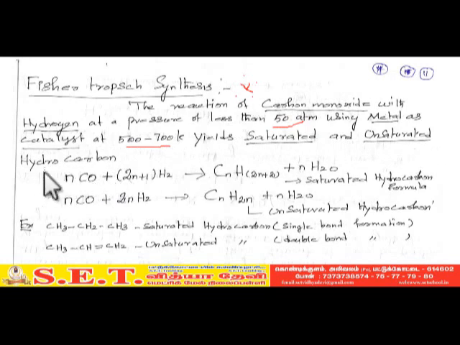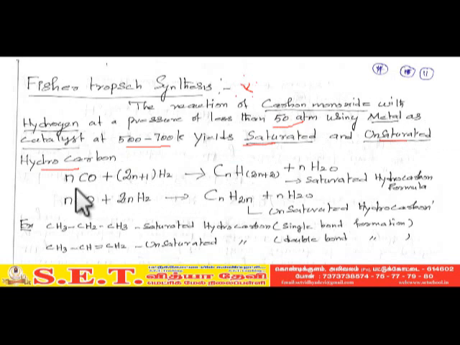You know very well about saturated and unsaturated hydrocarbons. Saturated means the carbon is linked to other elements and carbon through single bonds. Already I told you. And unsaturated has a double bond or triple bond.